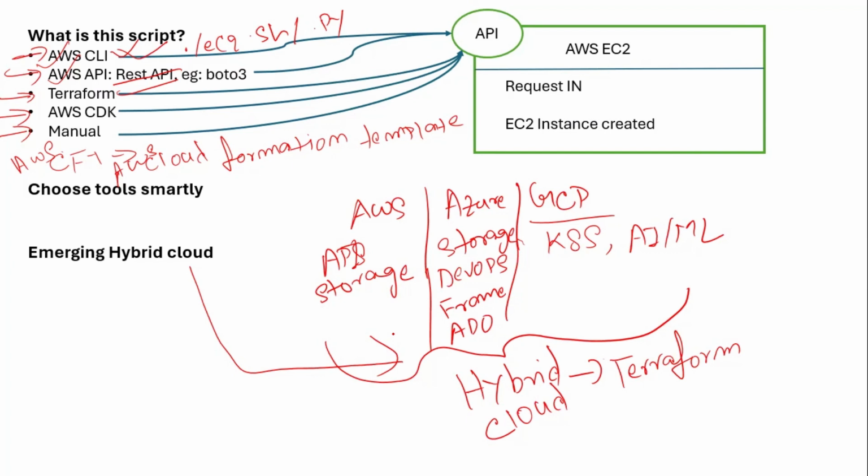Now let's see things in practicals. But before that, I'll give a quick recap of what we have seen till now. The first thing we understood is why we create a virtual machine.